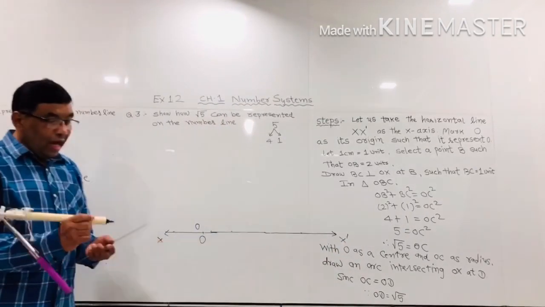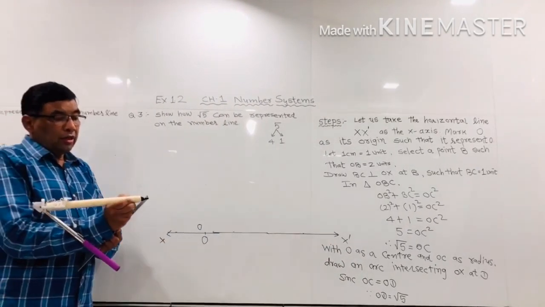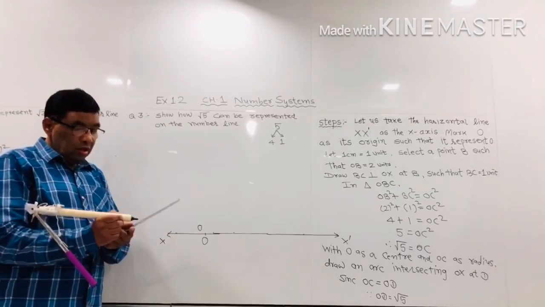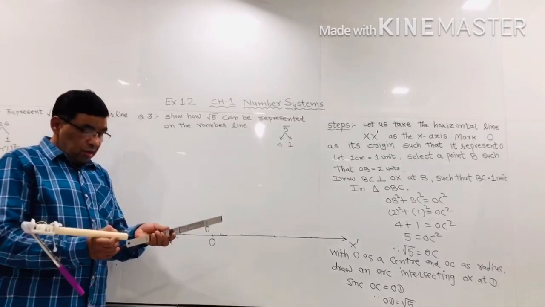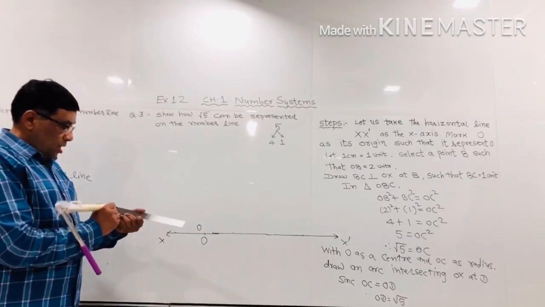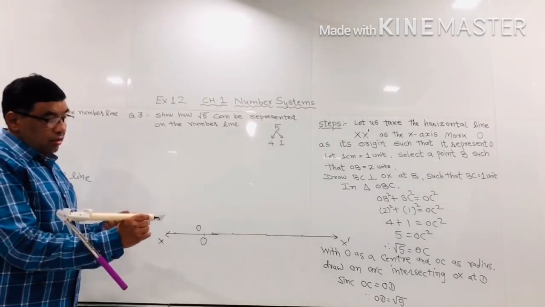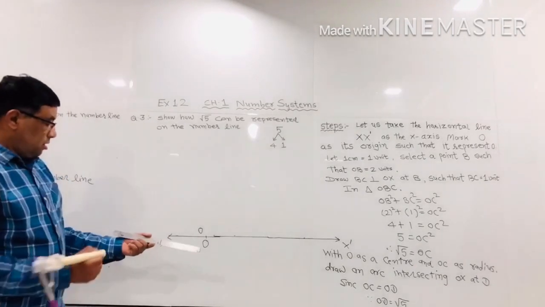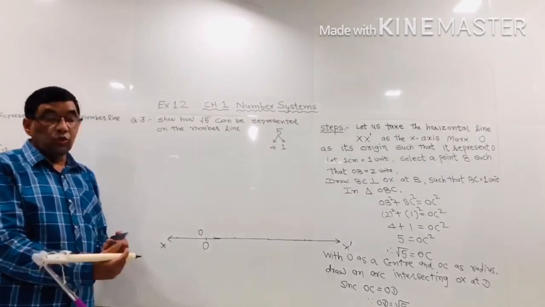Now as it is marked on your scale, you have to use the centimeter. Here I am taking a big distance: 0, 1 and 2.